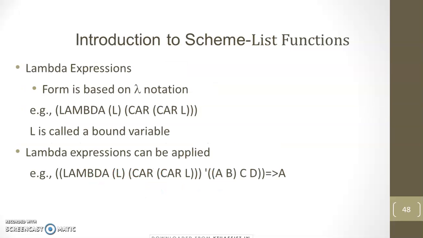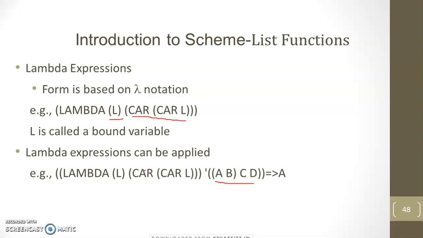Then, how can this be implemented using lambda expressions? Lambda of L, where L is a list, and inside the body it is given as CAR of CAR L. L is called the bound variable, that is, the list that is given. In this case, the value to be processed is a list having AB as the first element, and C and D as the second and third.